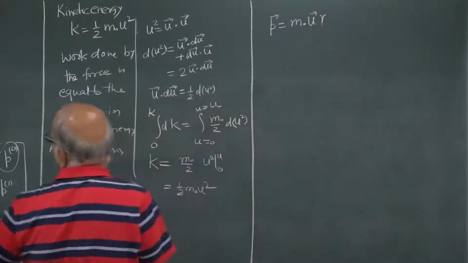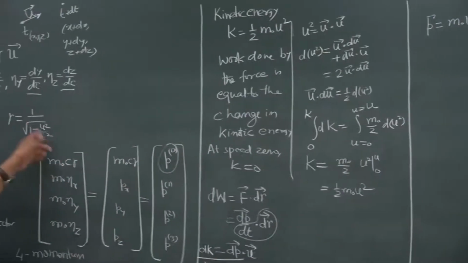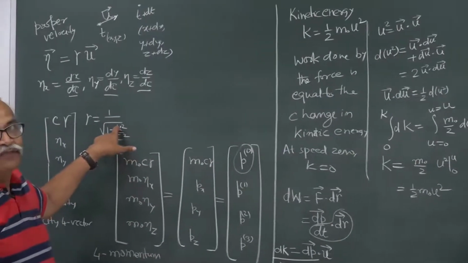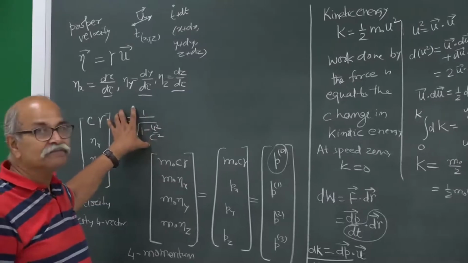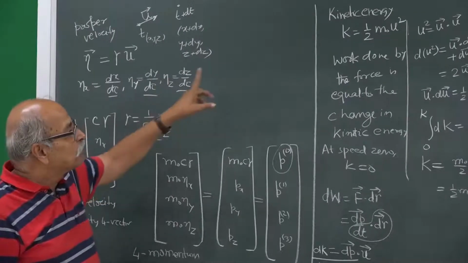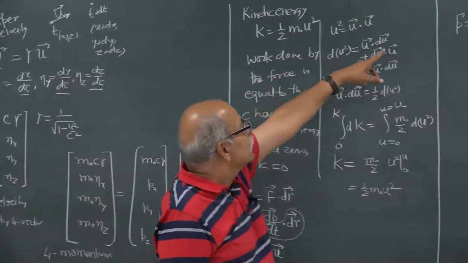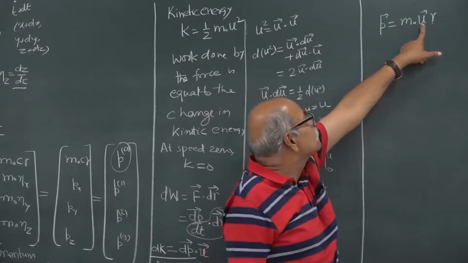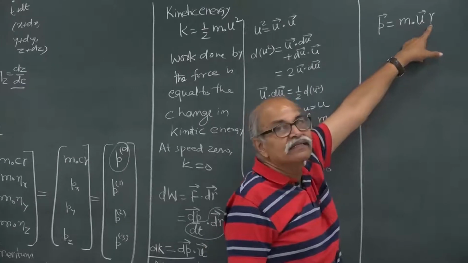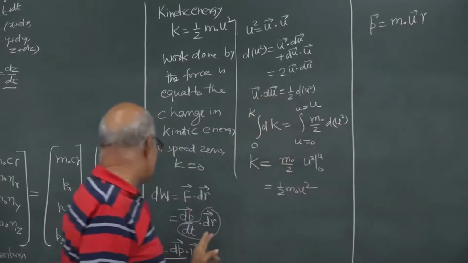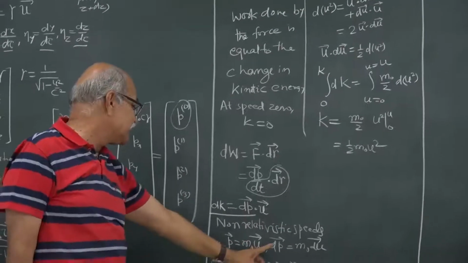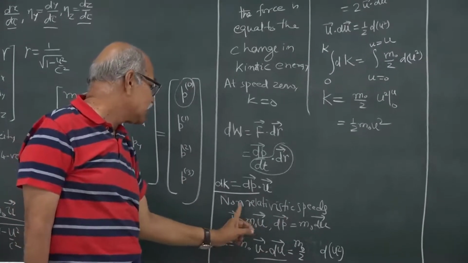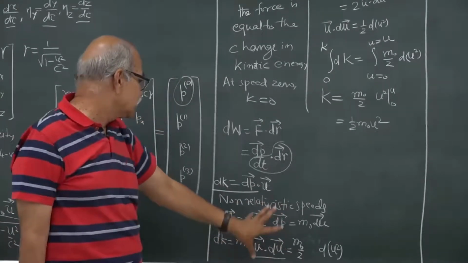Remember, this gamma is the same gamma, gamma of u; the particle speed is u, and I am using that u to write that gamma. So, momentum is defined as m naught, which is the mass of the particle, times the ordinary velocity, times that gamma. So, that I should use here. This is the place where I am first using the fact that I am talking of relativistic speeds.